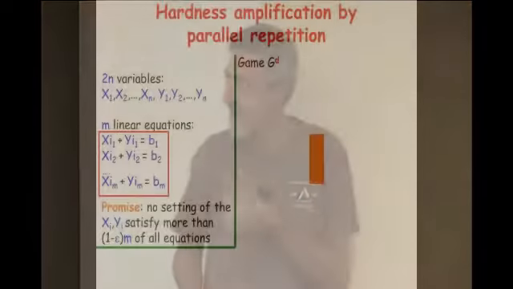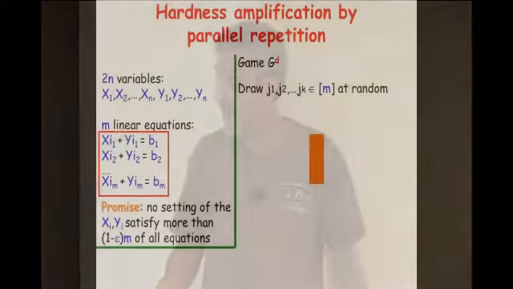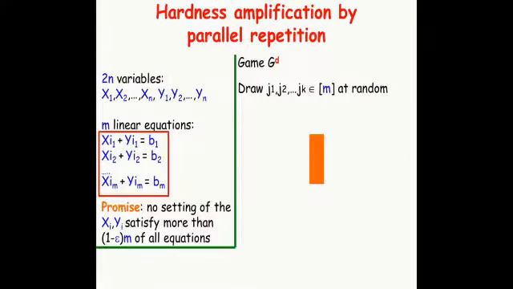So let's do it. Here's the repetition of the game. Here we have exactly the same system of equations, which has no very good satisfying assignment. And now the game repeated d times in parallel, that's very important, in parallel, is where I pick at random not one equation, but d equations at random.